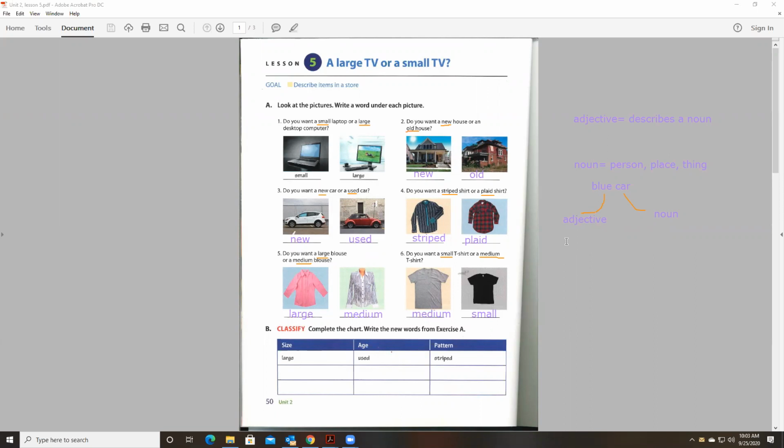All right, now if we look at B, it says complete the chart or classify. Write the new words from exercise A. Okay. So we have all these words, and now we need to determine where we are going to put them.